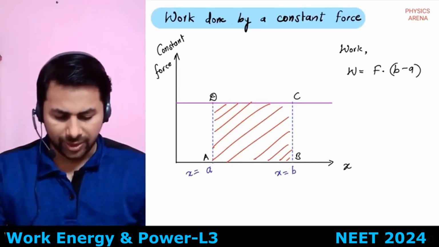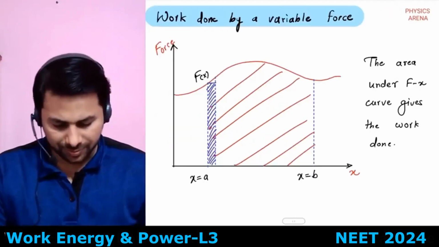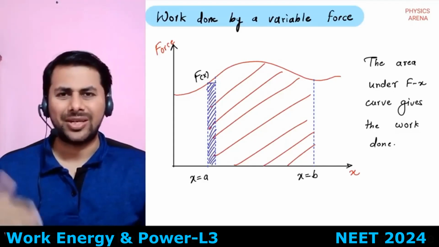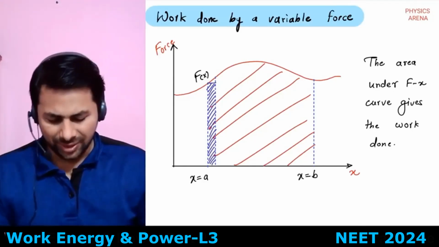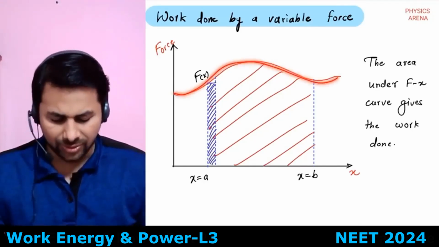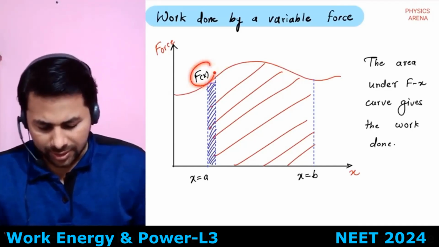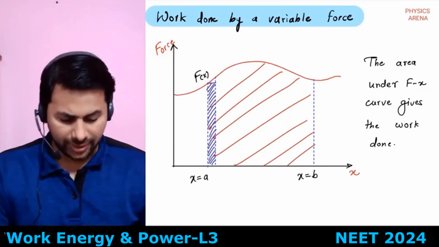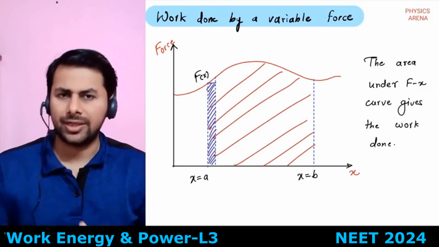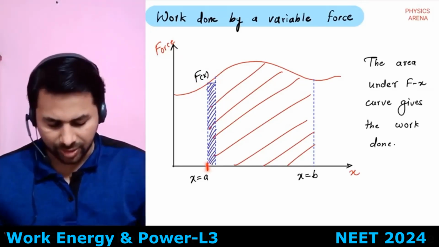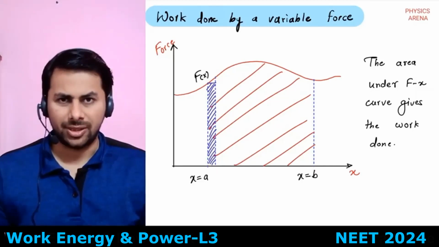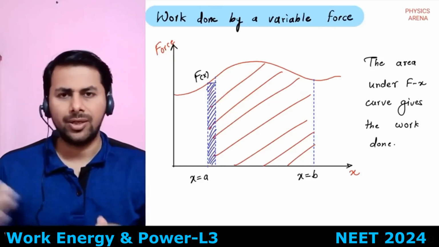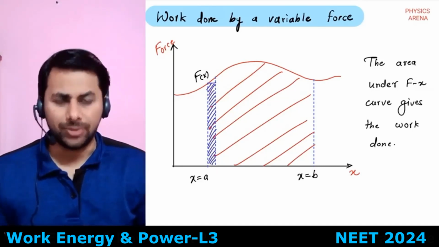Sometimes the force can be variable. We have been studying this also. What to do for variable quantities? In this case, you will have some function. Force will be some function of the position, and then you have to integrate that function from the initial position to the final position, and that will give you the area under this curve, and that will be the work done by that variable force.